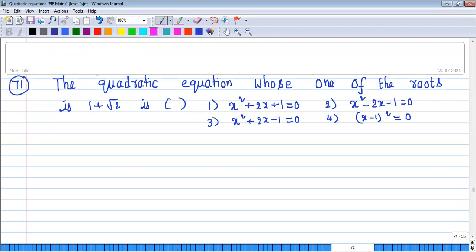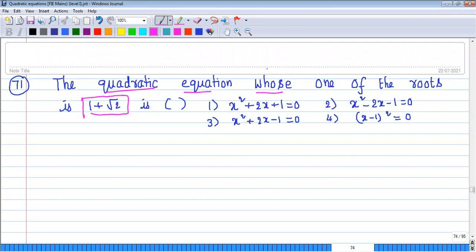The quadratic equation whose one of the roots is 1 plus root 2. So that means one of the roots of a quadratic equation is given. Now we need to frame the quadratic equation.